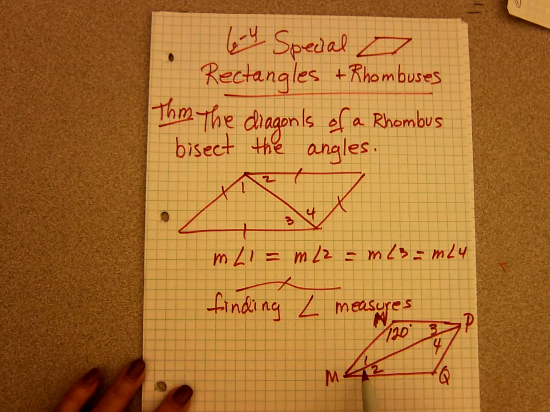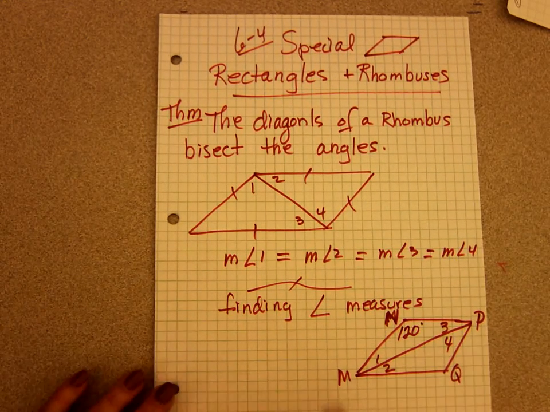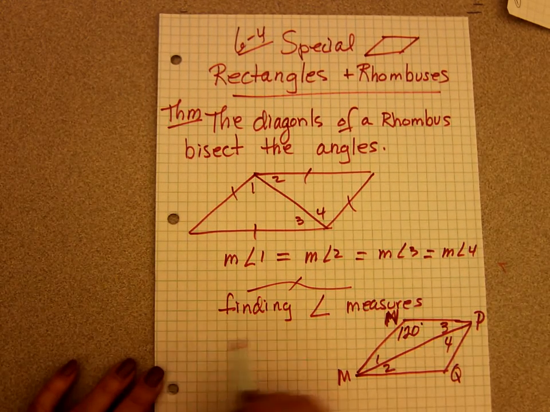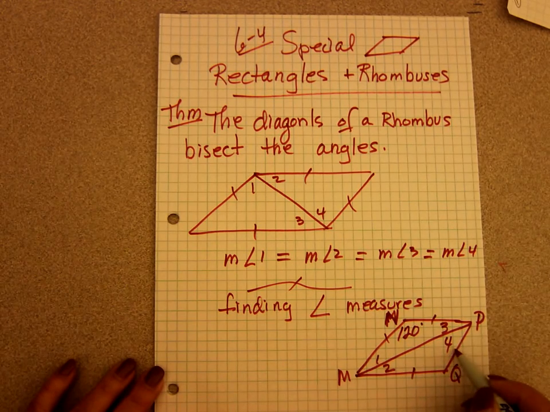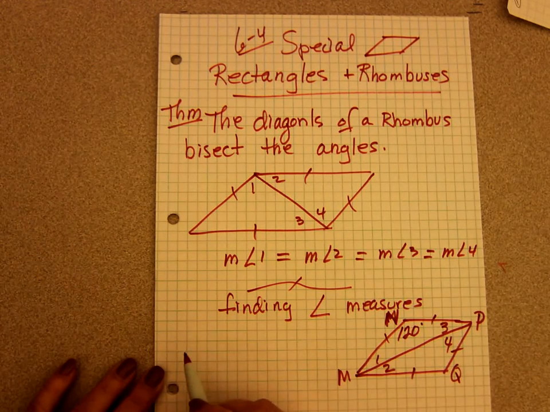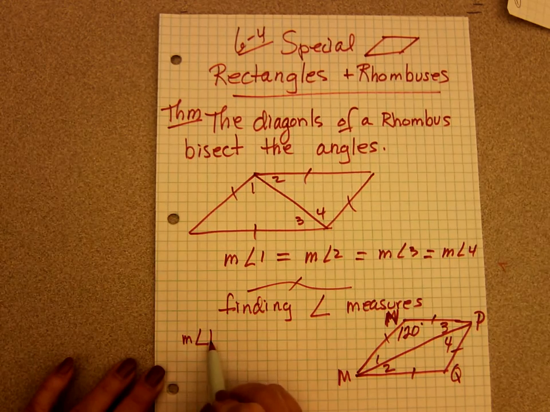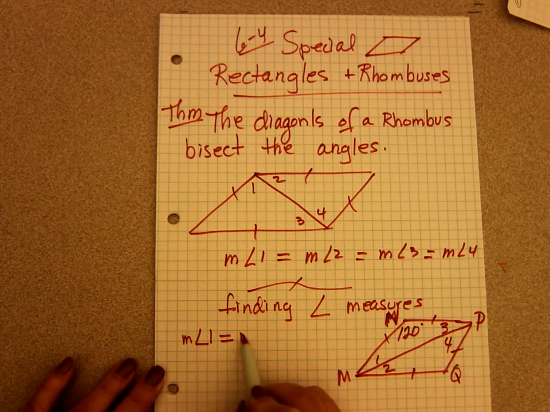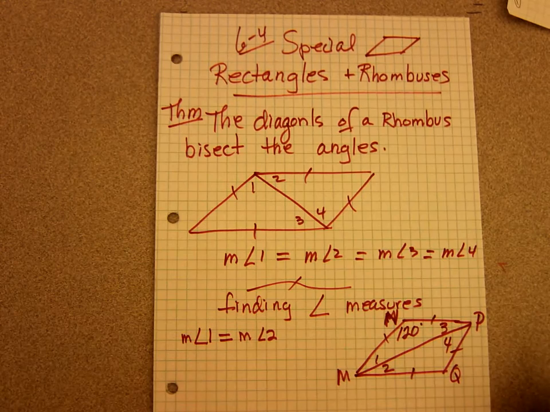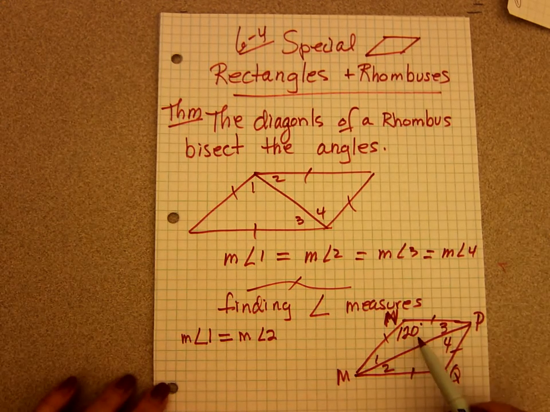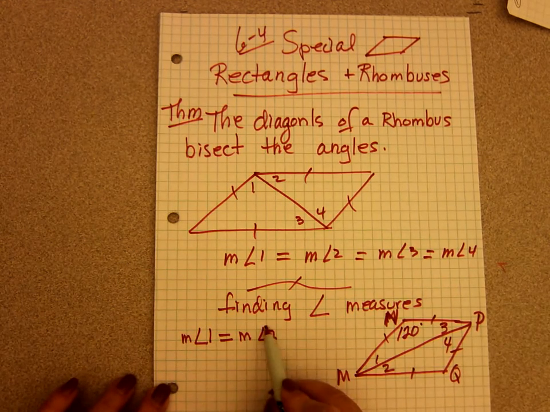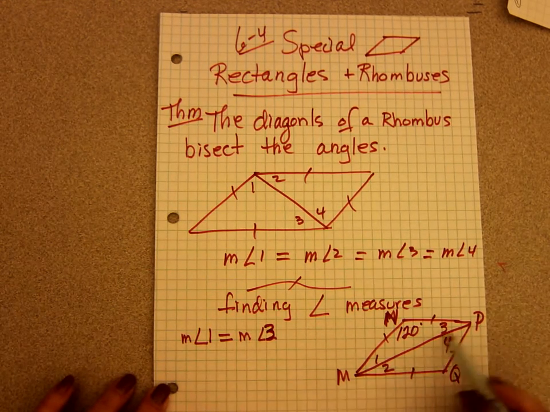And I want to find these angles 1, 2, 3, and 4. So the first thing I'm going to say is that the measure of angle 1 is equal to the measure of angle 2. So let's look. I have 1, I have 2, sorry, this is supposed to be 3. I have 1, I have 3.